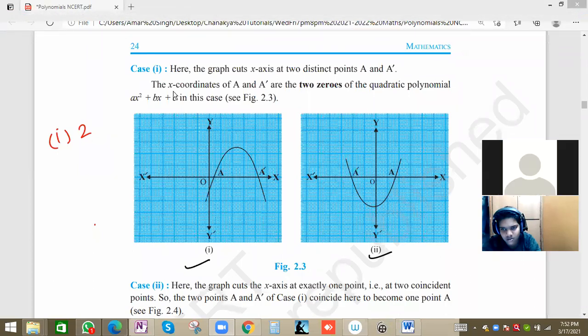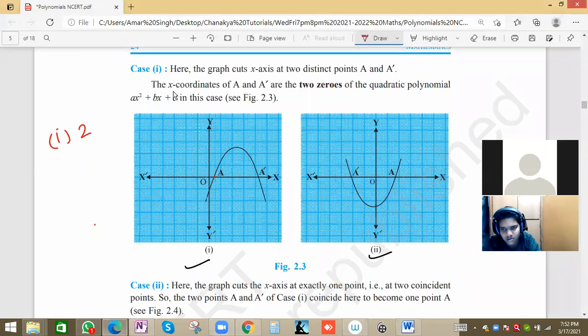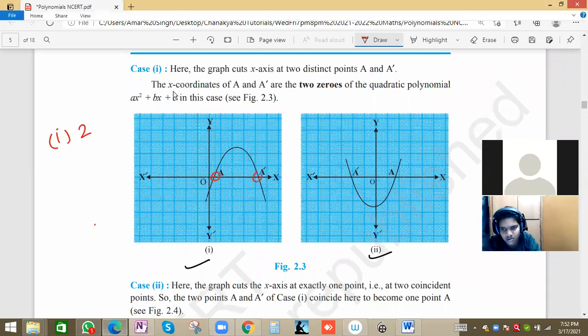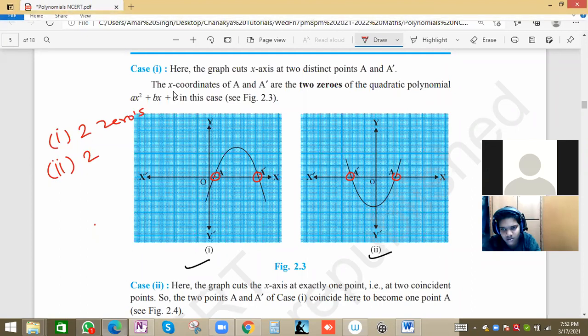Zero means the place where the graph is cutting the x-axis, always the x-axis. So at how many positions is it cutting the x-axis? Clearly we can see 2 positions, 1 and 2. So for the first case, zeros will be 2, second case also 2 zeros. Very easy to understand.